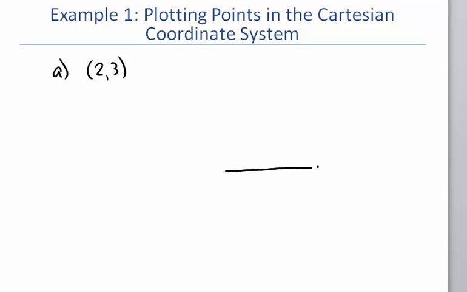Remember that we'll have an x-axis going across and a y-axis going up and down. Each of these axes has tick marks. We have positive numbers going to the right on the x-axis and negative numbers to the left.